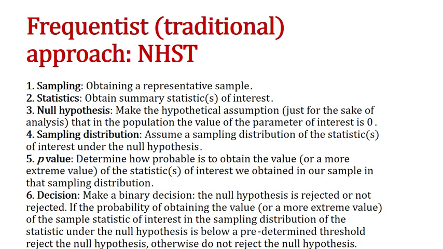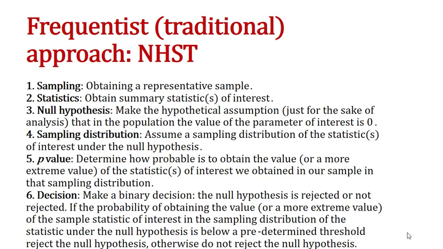I'm going to show later what more extreme means. And the sixth step is to make a binary decision, either to reject the null hypothesis or not to reject. I'm not saying accept, I'm saying not reject on purpose, and I'm going to explain why I'm saying it this way later on.